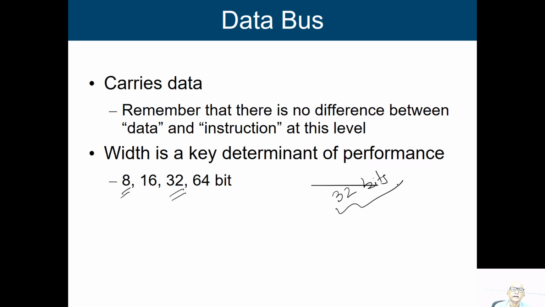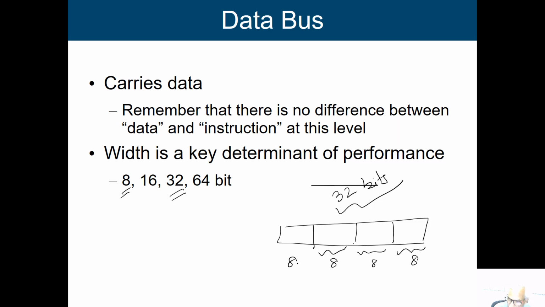But if the processor is 32 bits and my data bus is 8 bits, then in that particular case, to transfer this 32 bits of information we have to transfer it in 4 different times, 8 bits at a time.